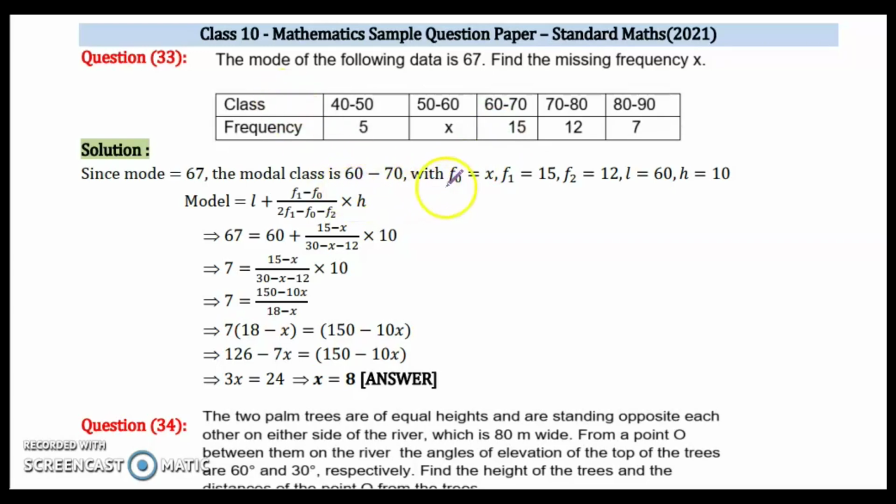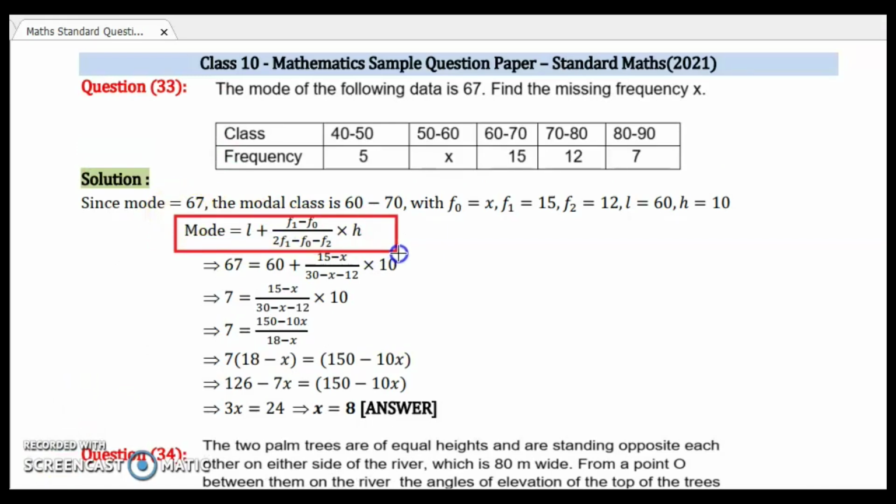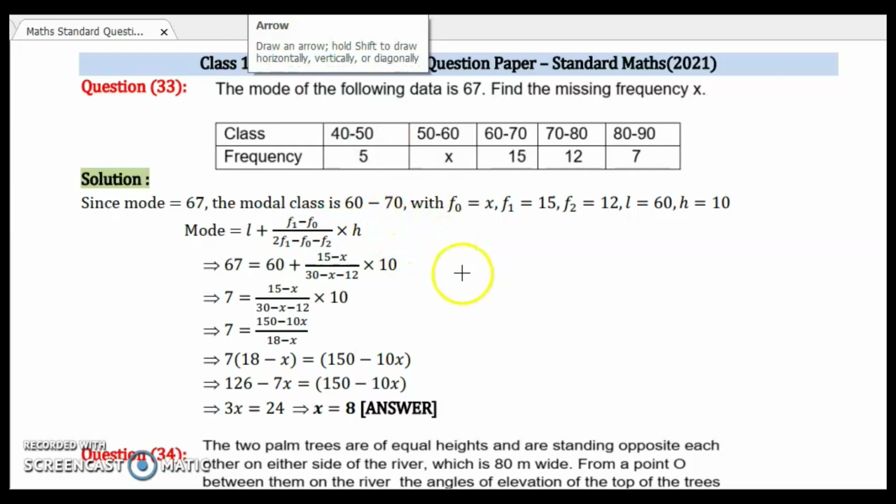Now everybody knows the mode formula, that is L plus F1 minus F0 divided by 2F1 minus F0 minus F2, into h. Everybody knows this, right? Therefore we have to observe the values given in the formula. From the given observations, what is our F naught?